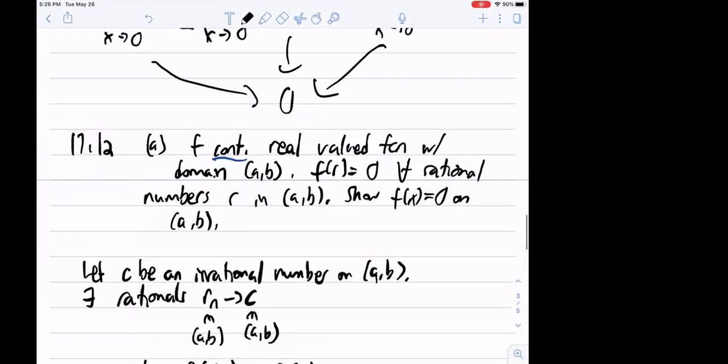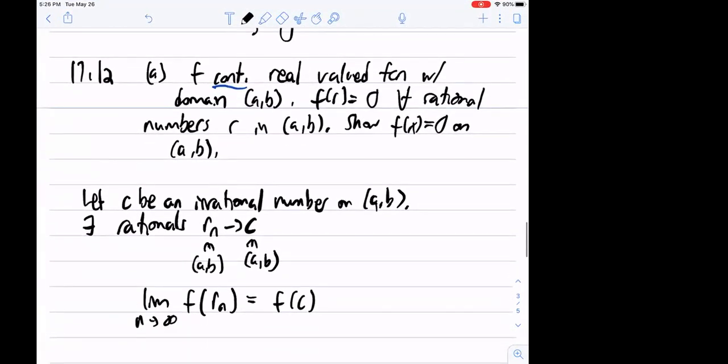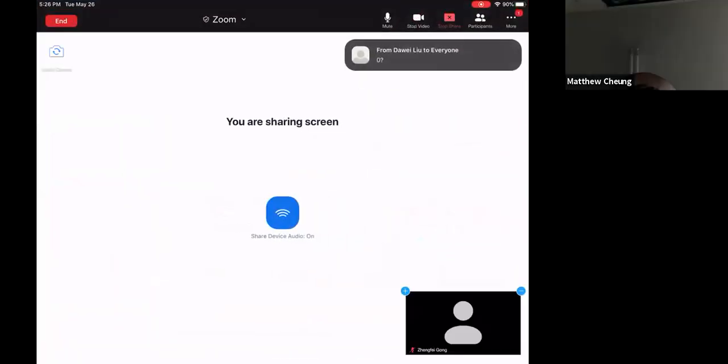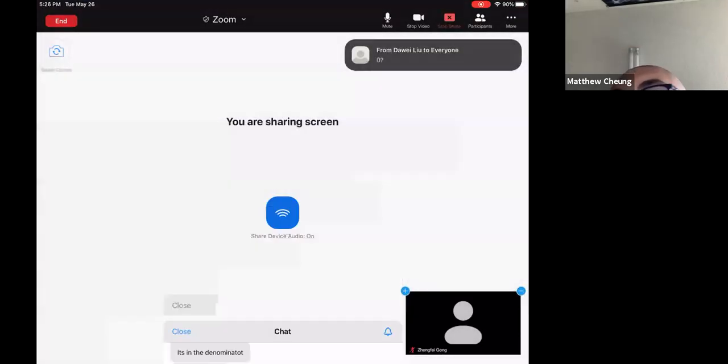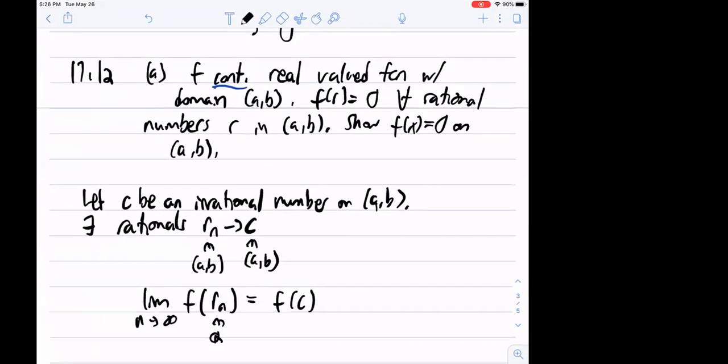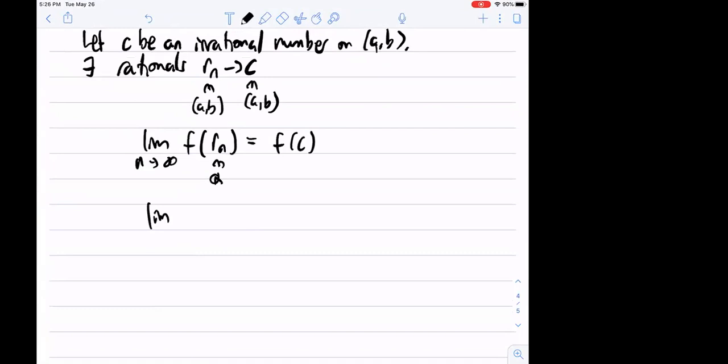What's the assumption here? Rn is in Q. These are rational numbers. So what is F of Rn? Yeah, it's 0, right? So this is just the limit as n goes to infinity of 0. So F of C is 0.